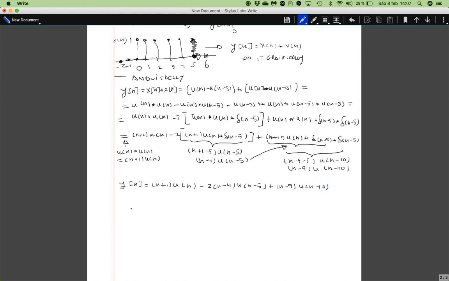So let's take a look at this function so that we can draw it. So y[n], when n is less than 0, obviously all the u[n]'s, either starting at 0 or delayed to the right, will basically be 0. So here y[n] is 0 for any n less than 0.